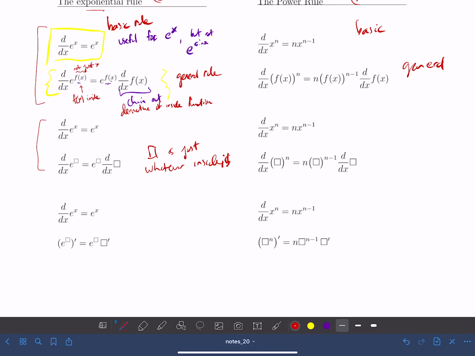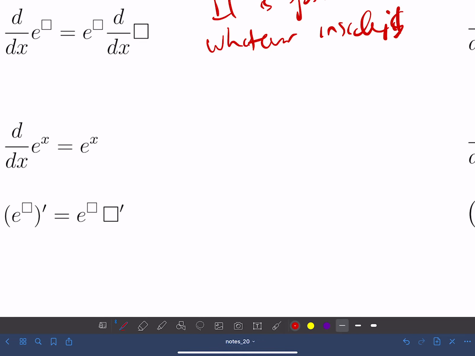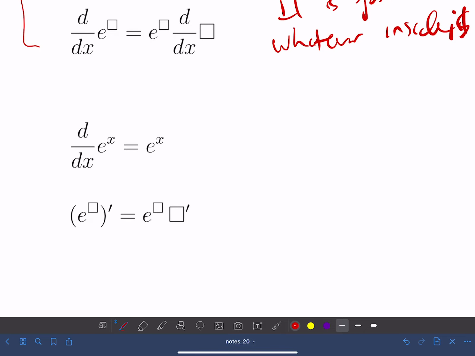And then the ones that I really like to focus on are the ones with the primes. So I really like this way of writing it because it's minimal in terms of the number of symbols. We don't get lost in a sea of differential operators. I'm taking e to the square, e to the box prime is e to the box, and then I have to chain out the derivative of the inside function right here.